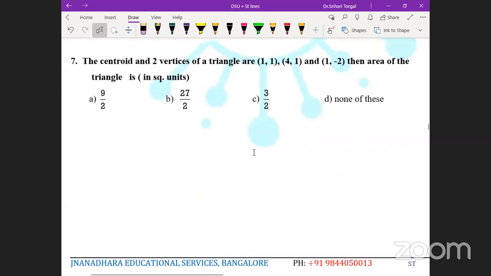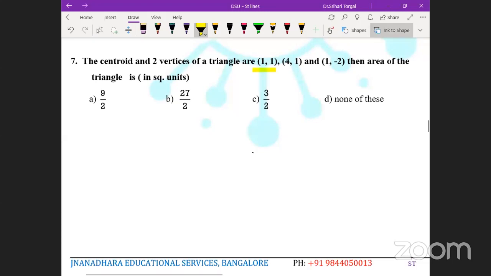Question number 7. The centroid and 2 vertices of a triangle are 1, 1, 4, 1, 1, minus 2. Then area of the triangle is. First, let me calculate the centroid.